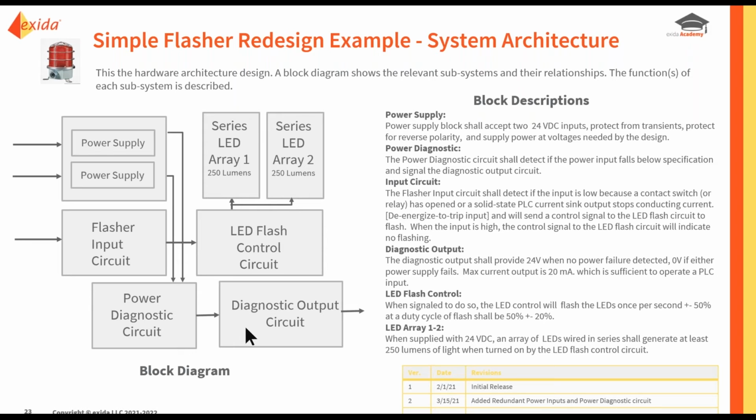I'll mention again, redundancy without an enunciated diagnostic doesn't have all that much value if you really sit down and analyze it carefully. Now we have a new architecture drawing.